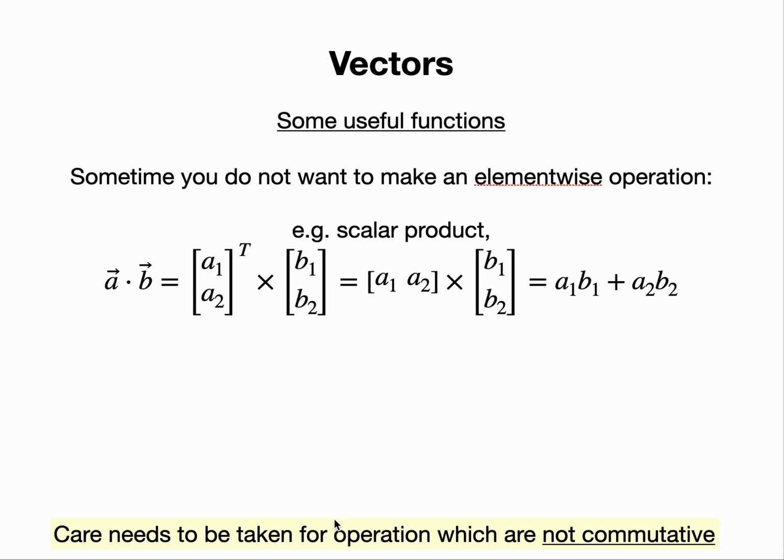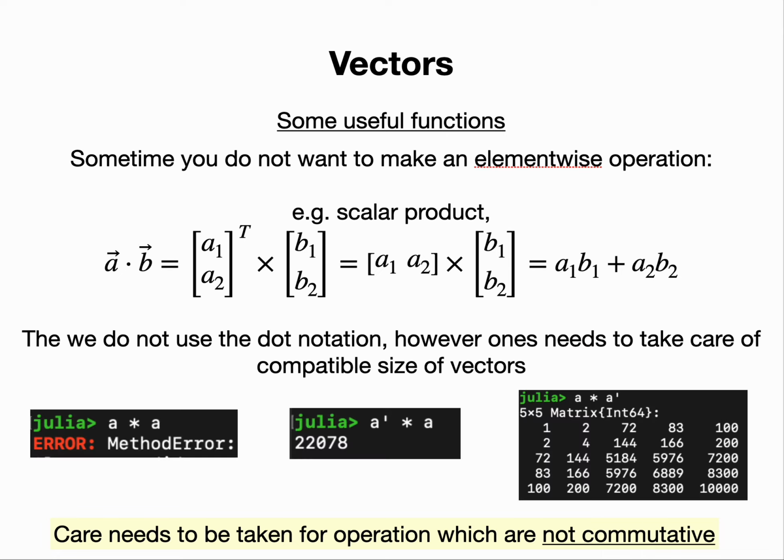So care needs to be taken because these operations are not commutative. You cannot do every combination here. So for example, you cannot multiply A by A without having a dot. You will get something which is called a method error, because the dimensions of the product will not be compatible.